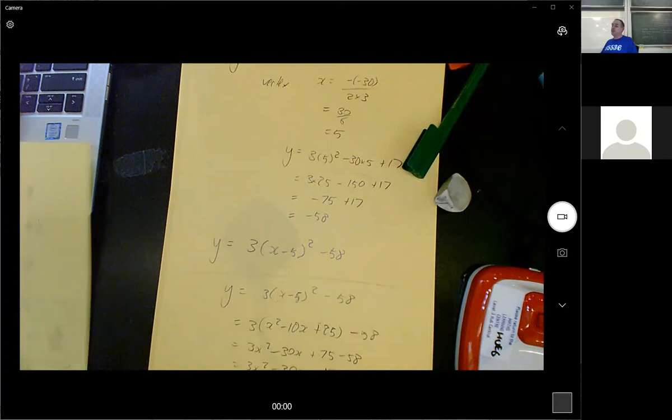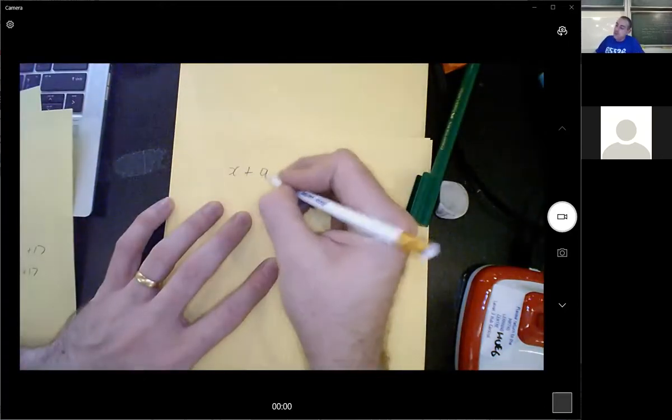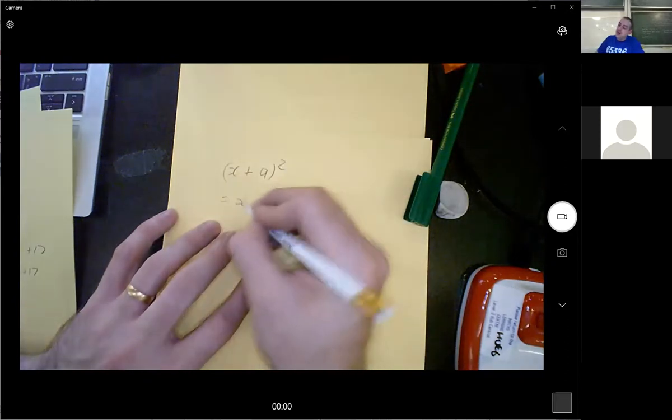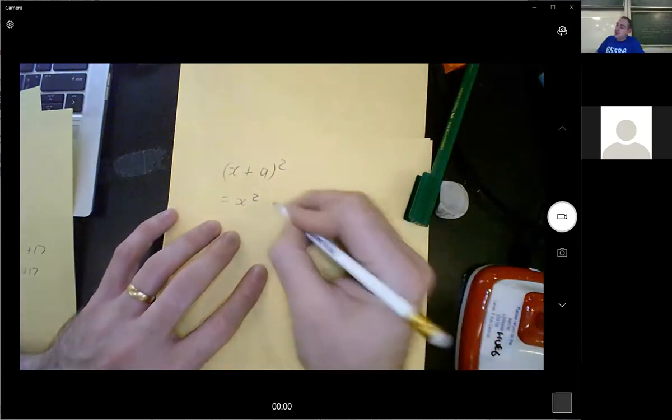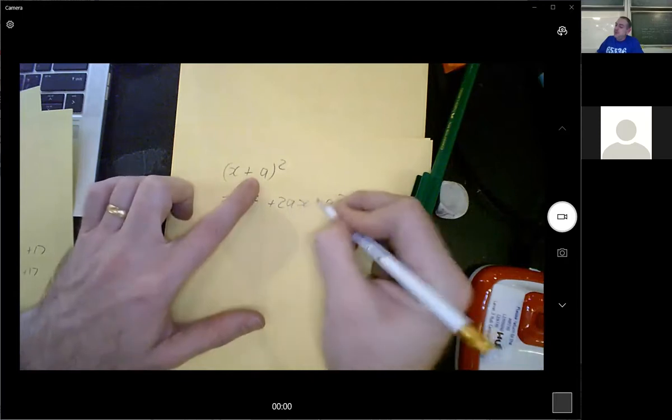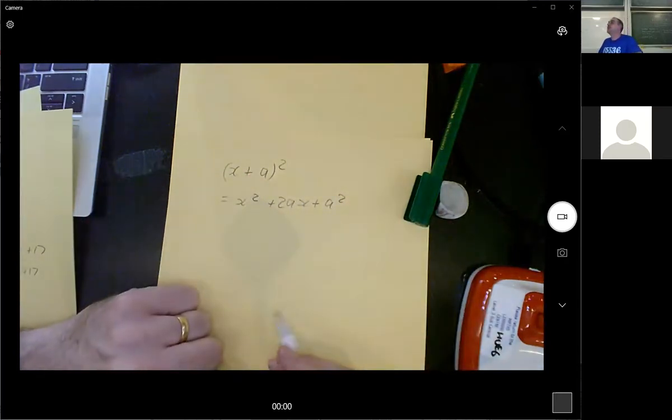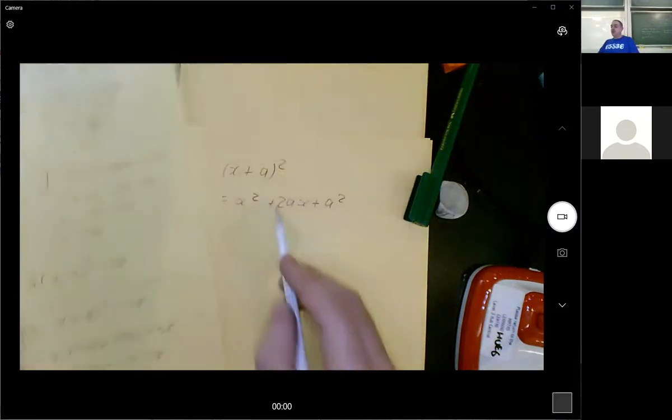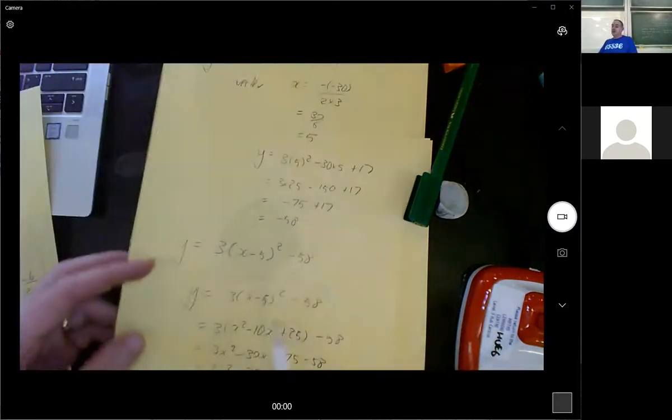So x plus a number, squared, is x squared and a squared and 2 times a times x. And if it's a minus, then this is a minus. And since it was a 5, I got 2 times 5, which is what made the 10.